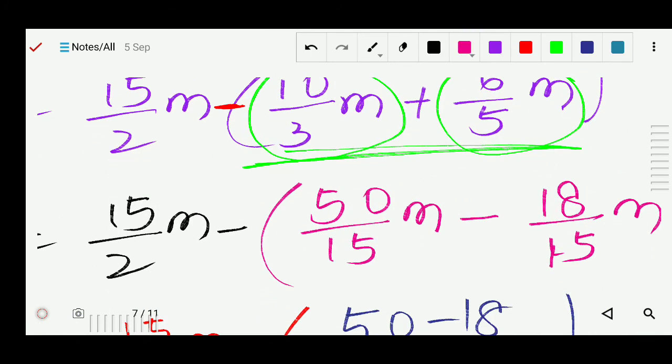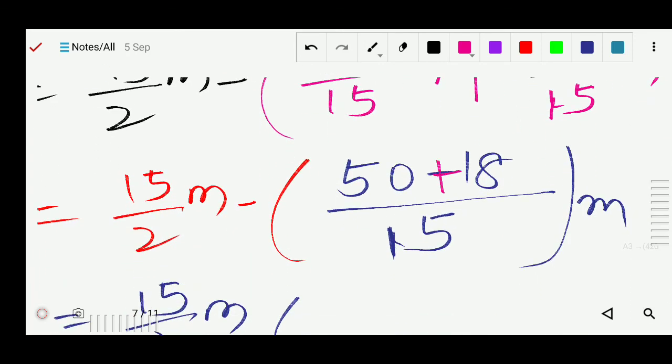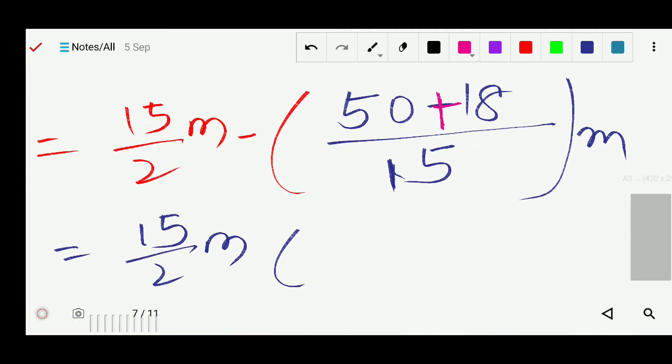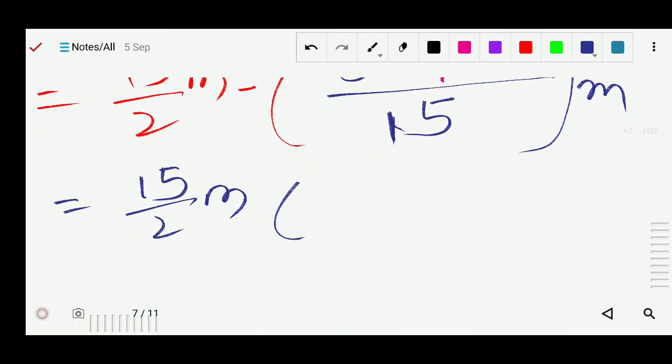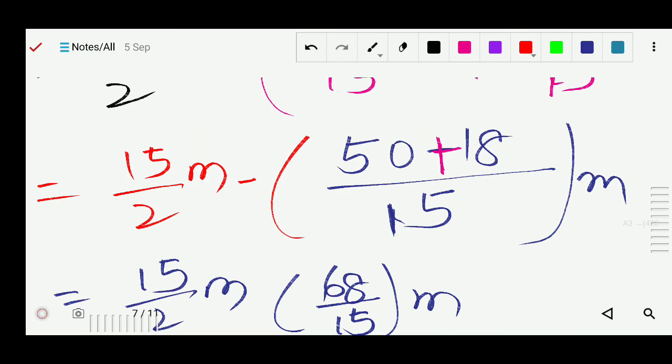Here it will be plus, because the sign is plus. So 15 plus 18, it will be 68/15 meters, and here is also the minus sign.